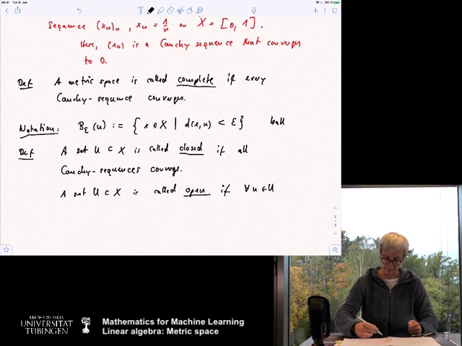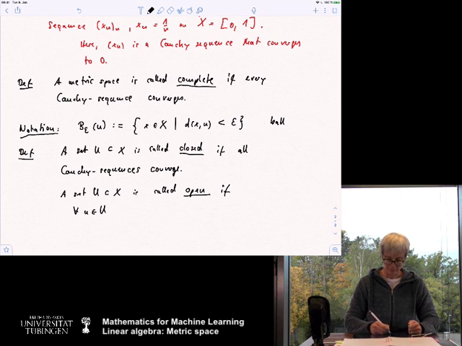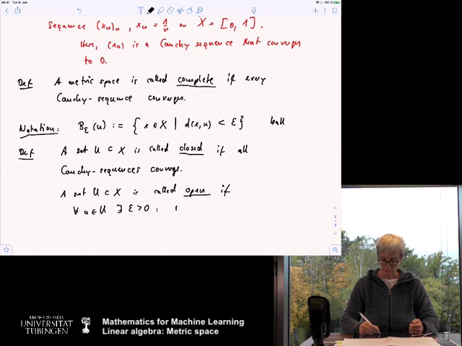For all points u in the subset we're currently considering, there exists some epsilon larger than 0 such that the ball of radius epsilon around u is completely contained in U.